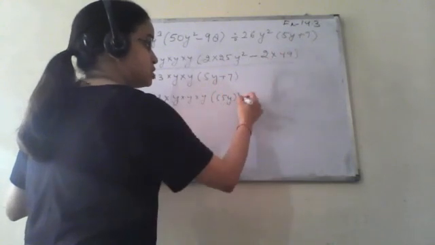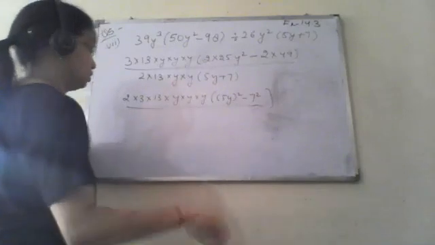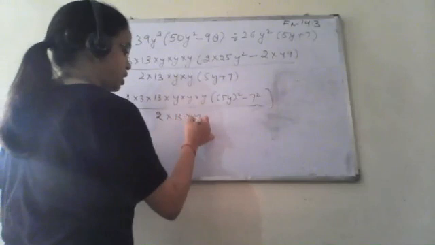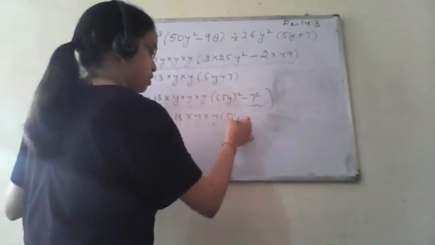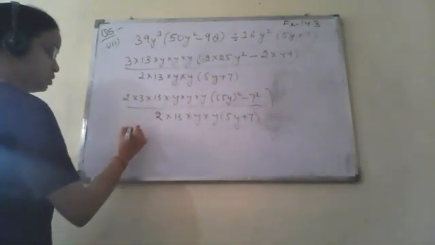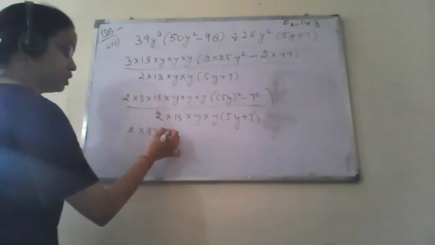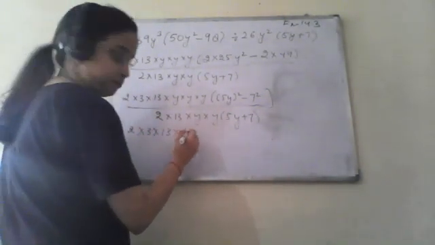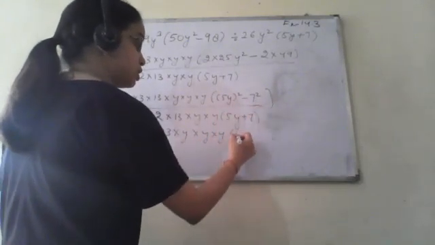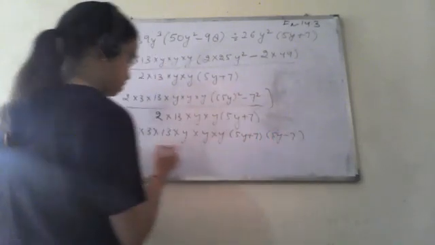This 49 is 7 square. So this is 2 into 3 into 13 into y into y into y. This is a square minus b square, that is a plus b into a minus b.